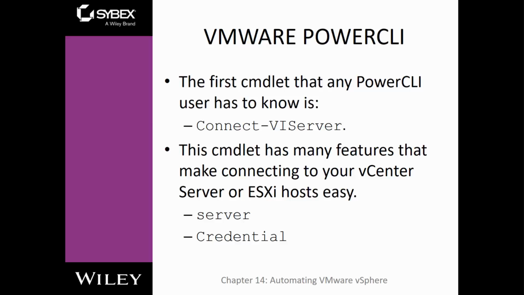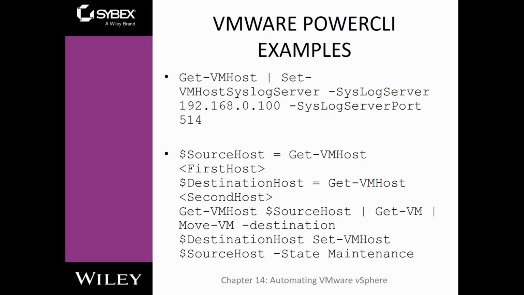This cmdlet has, again, lots of different features for connecting to our vCenter and our ESXi hosts. Server and credentials are two of the parameters. Then Get-VMHost, and you can actually pull specific items. You can pipe in a Set and set up a syslog server if you want.